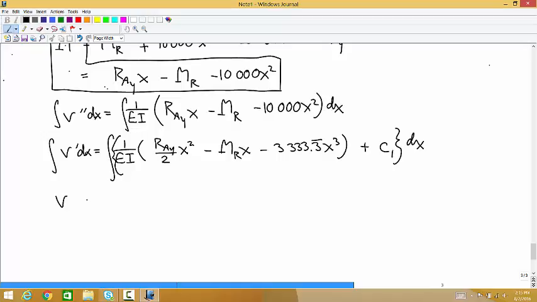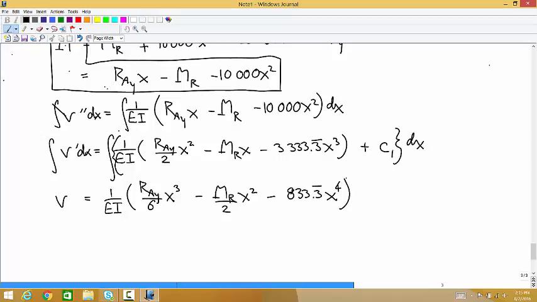So the deflection is equal to 1 over EI times the quantity R-A-Y over 6 times x cubed minus M-R over 2 x squared minus 833.3 repeating x to the fourth, and then outside the parentheses plus C1x plus C2.